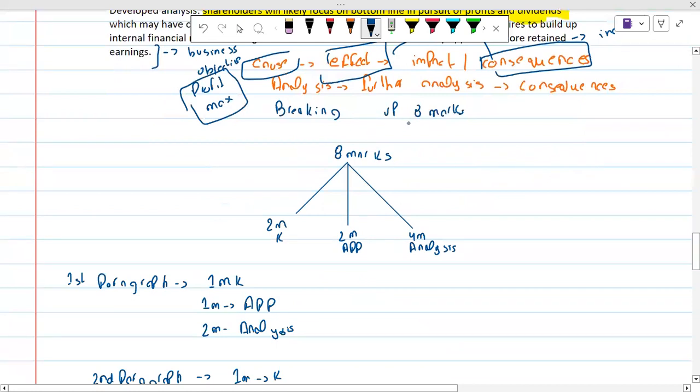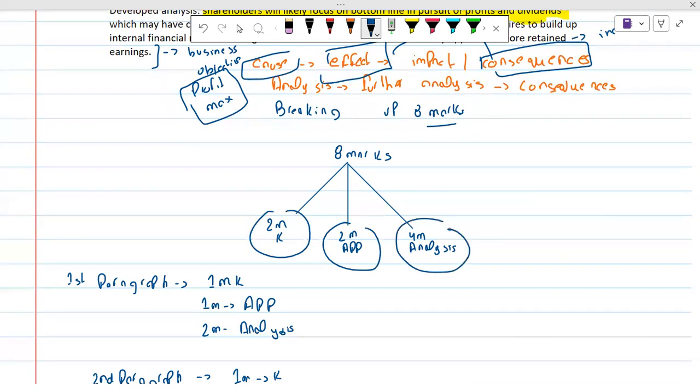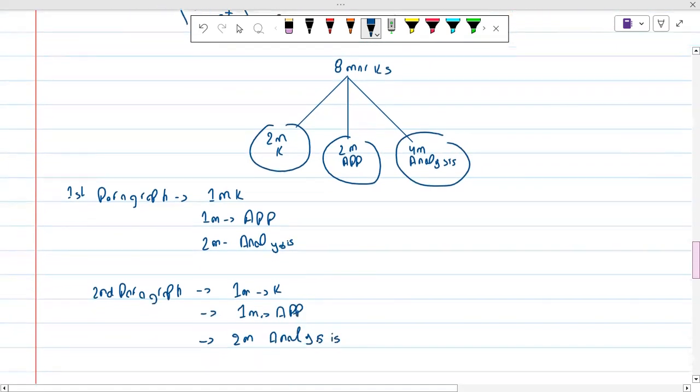Okay, so let's discuss the 8-mark question. The 8-mark question is divided into 2 marks knowledge, 2 marks application, and 4 marks analysis. What does it mean? When you're writing your first paragraph, for example, if they are asking about 2 benefits of something, writing the first benefit gives you 1 mark.